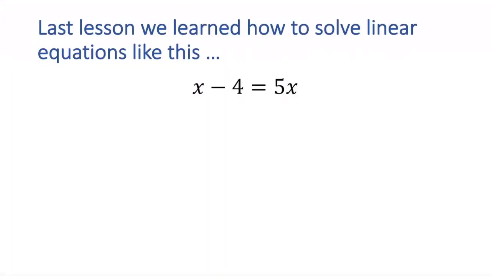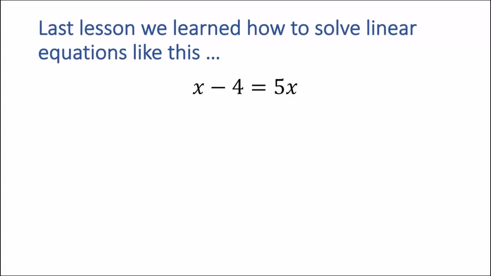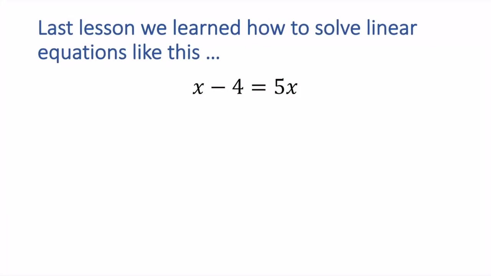So let's recall last lesson. Last lesson we learned how to solve linear equations like this one, where there were no fractions, and the goal, remember, was to get x all by itself. So in this particular problem, we would try to get the x's to one side of the equation and the numbers to the other.